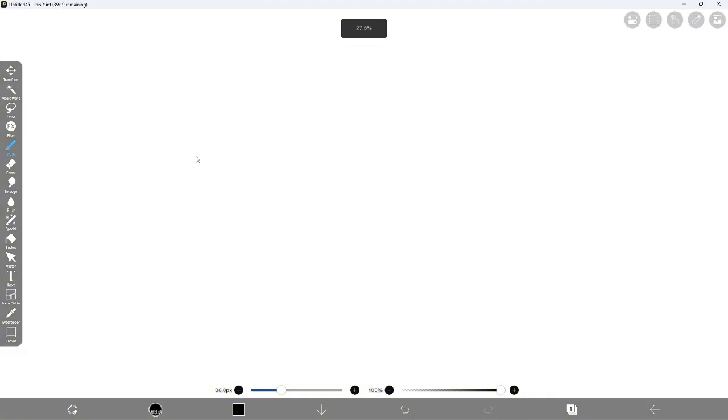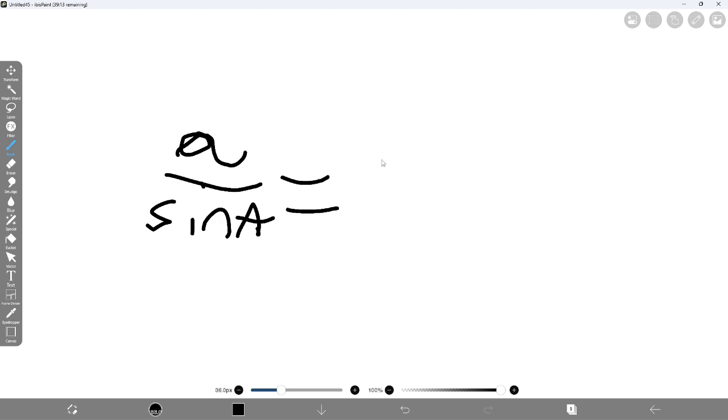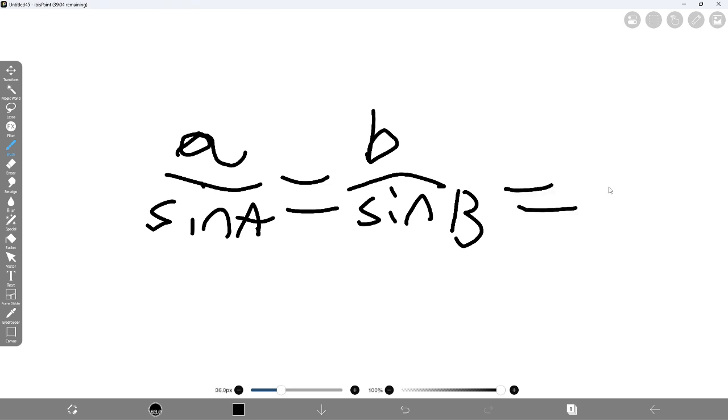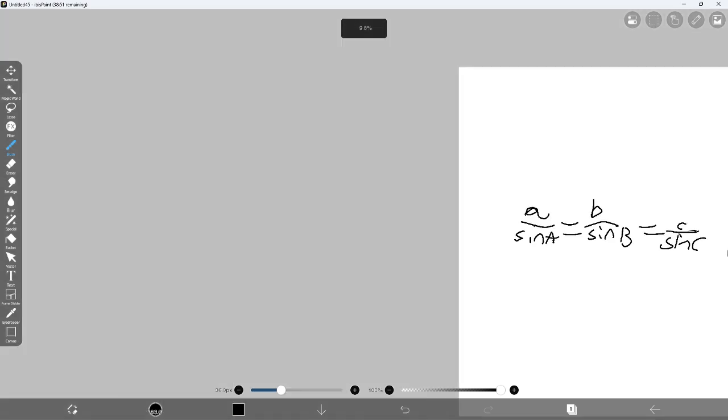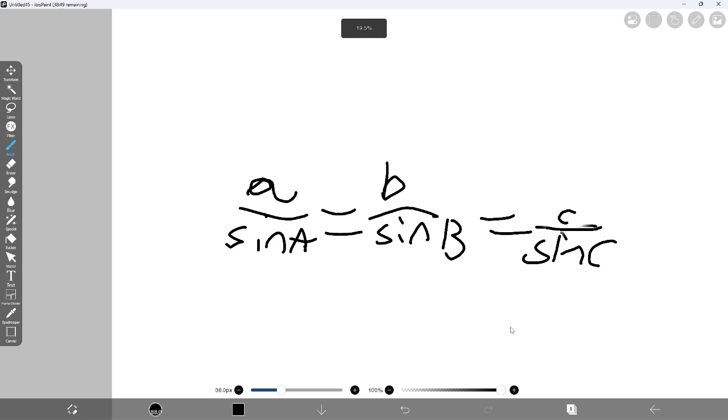One thing to note is the law of signs really looks something like this: a over sine capital A equals b over sine capital B equals c over sine capital C. And this is our law.